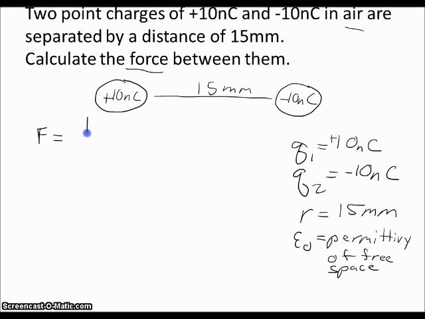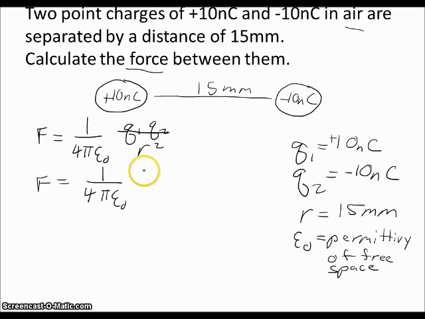So I know force is equal to 1 over 4 pi epsilon naught times the product of our two charges, Q1, Q2, over the distance between them squared. Okay, so now all I have to do is plug in the numbers. 1 over 4 pi epsilon naught. Q1 is 10 times 10 to the minus 9 coulombs.